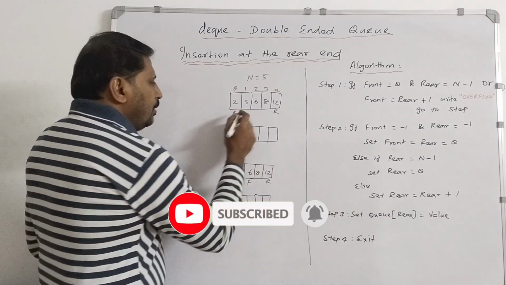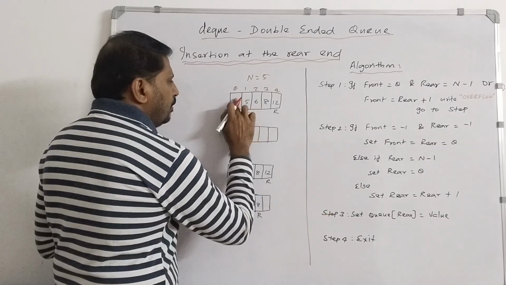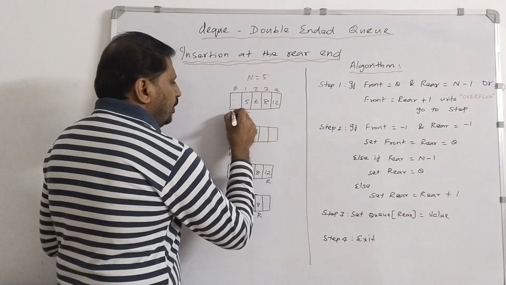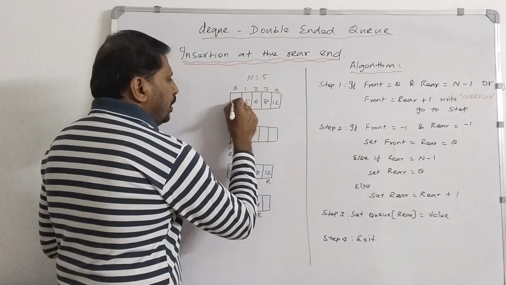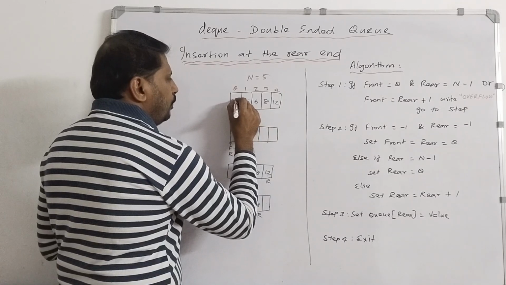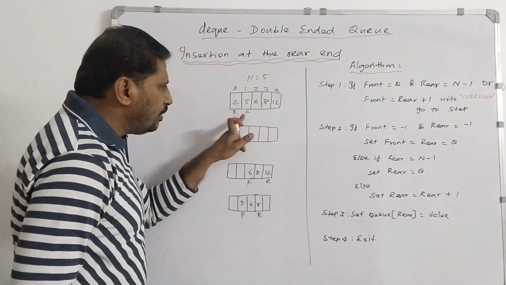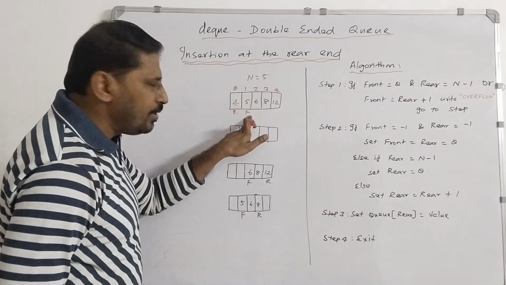For example, suppose just imagine that front is here, rear is here, and rear has some element, say 4. So what is the case here? Front is rear plus 1.